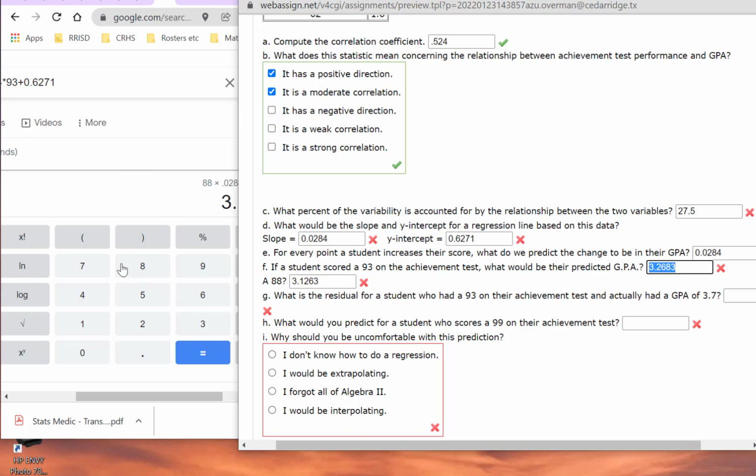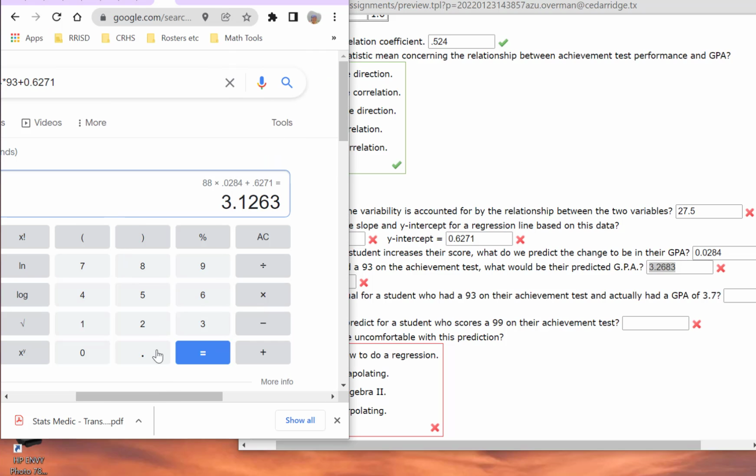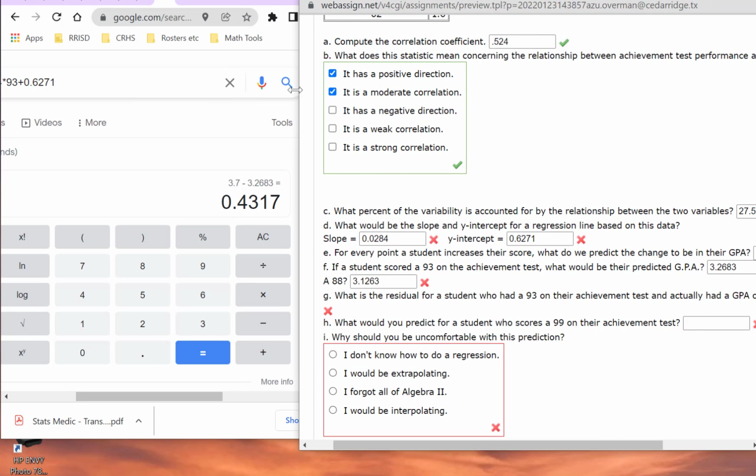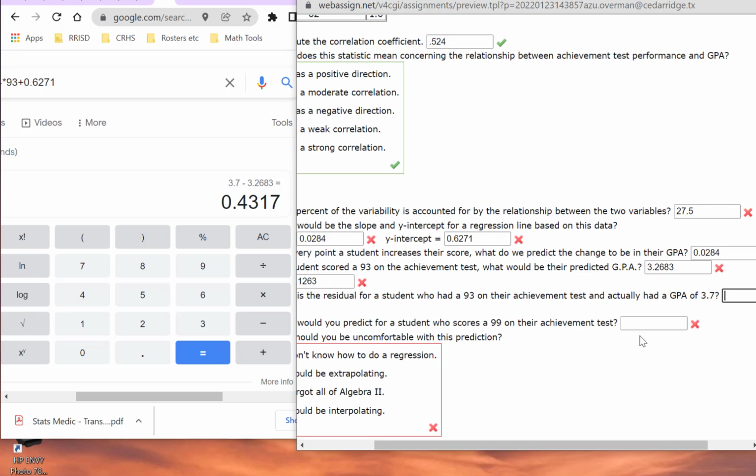So we're going to do actual minus predicted: 3.7 minus 3.2683. My residual is positive because my actual is higher than my prediction. I need to slide this over so I can see what answer I'm putting in. 0.4371. Sorry, it's a little off screen. 0.4317, 17, not 71.